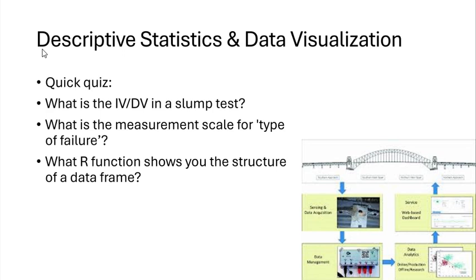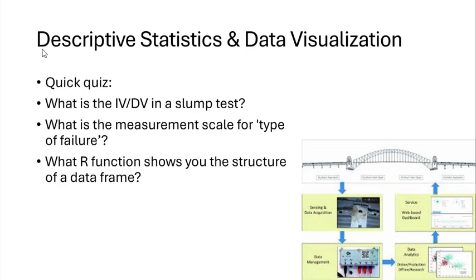Aggregate quantities, aggregate size. If you are using a plasticizer, compaction effort. Okay, how many blows you are doing? Method of compaction. Obviously, in a slump test, we have the same method, but in general it could be different. Okay.